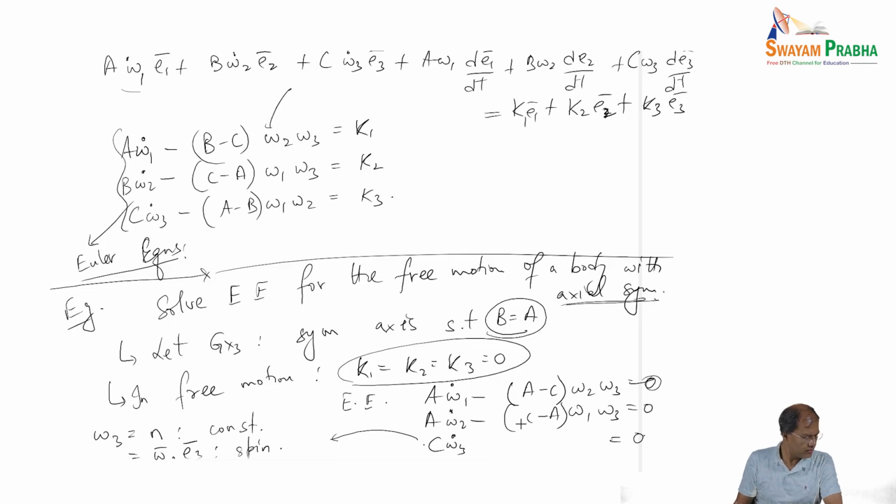So in these other two equations, suppose we introduce, let's say, omega is (a minus c) times n by capital A. If we introduce this quantity, we see that the other two equations are reduced to the following.